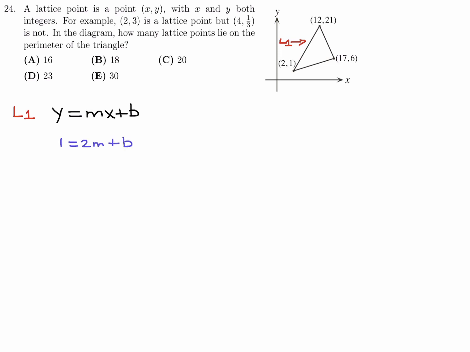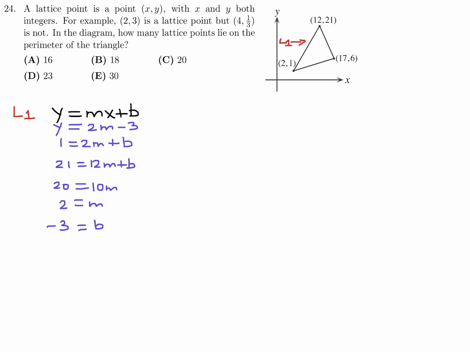And (12, 21), so 21 is equal to 12m plus b. Subtracting, I get 10m is equal to 20, and therefore m is equal to 2. Substitute back into any of these, and you will get b is equal to minus 3. So the equation for L1 is y equals 2x minus 3.